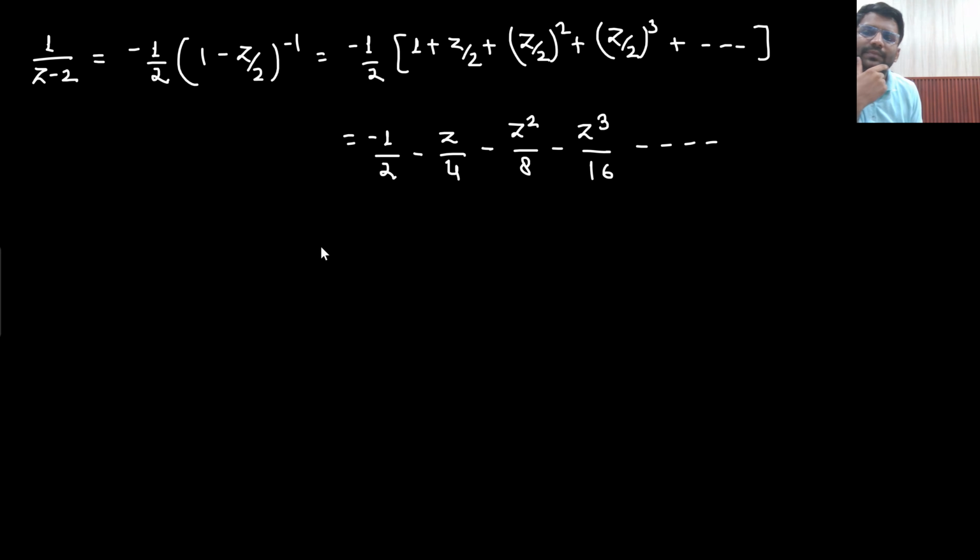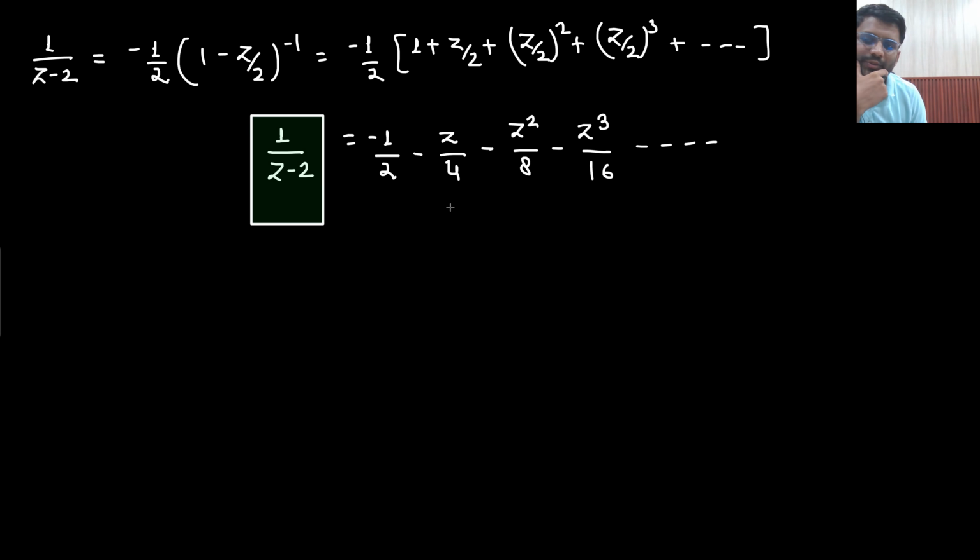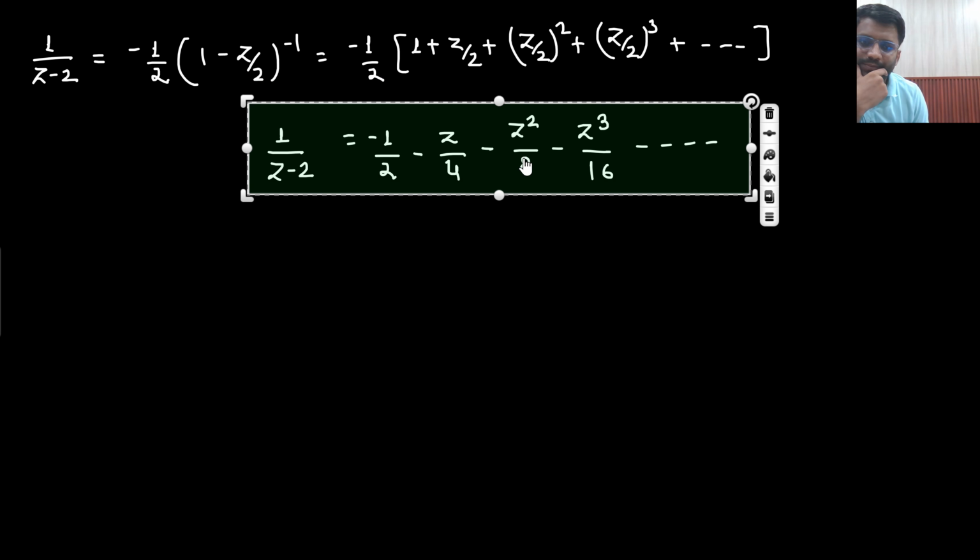What you will get? 1 plus z by 2 plus z by 2 whole square plus z by 2 whole cube and so on. Now you multiply this minus 1 by 2 inside, so you are getting minus 1 by 2 minus z by 4 minus z square by 8 minus z to the power 3 by 16 and so on. This is your 1 upon z minus 2. Say yes or no.